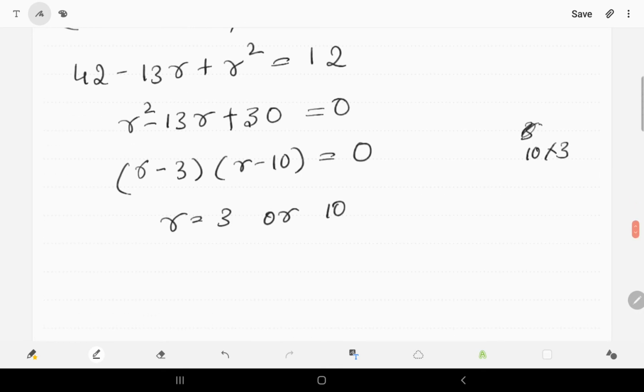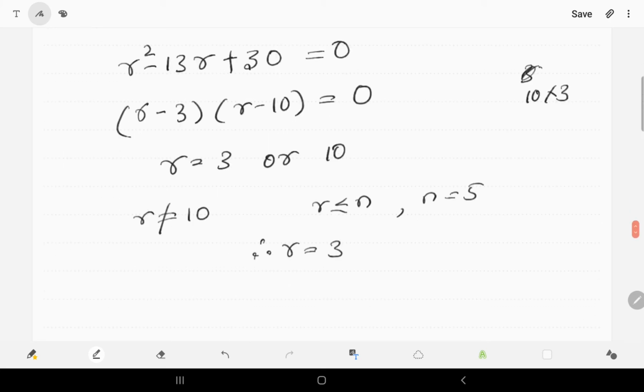But r is not equal to 10, because r must be less than or equal to n. Here n is 5, therefore r is equal to 3.